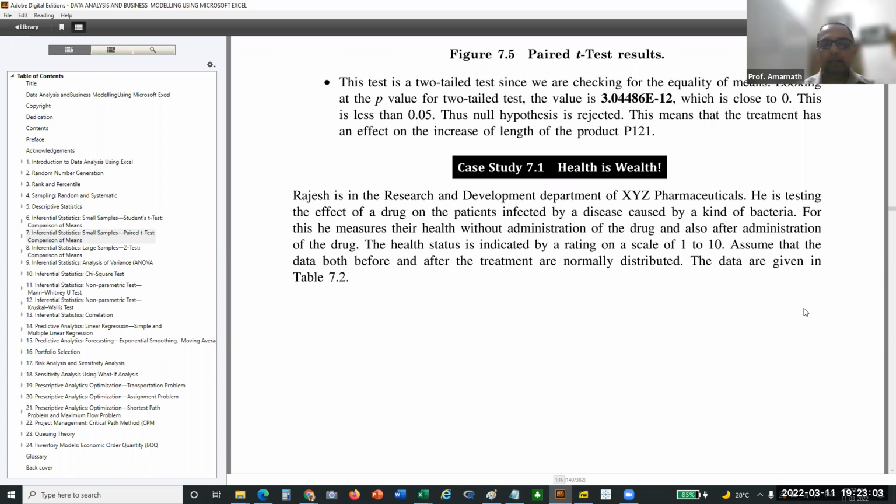Assume that the data before and after the treatment are normally distributed. That is very important, and only in certain aspects does this get challenged. Why do we have to say normally distributed?